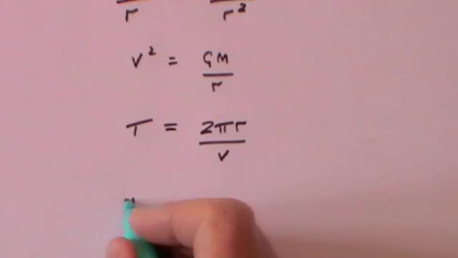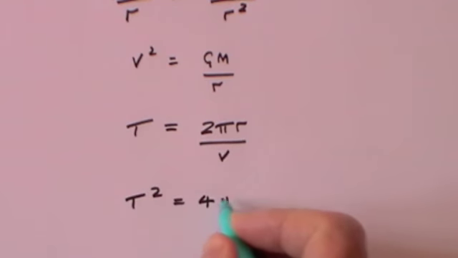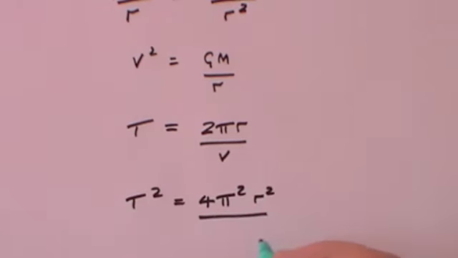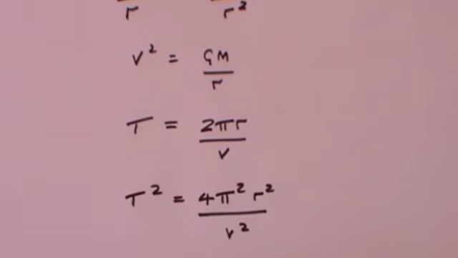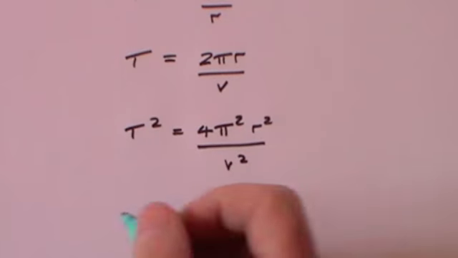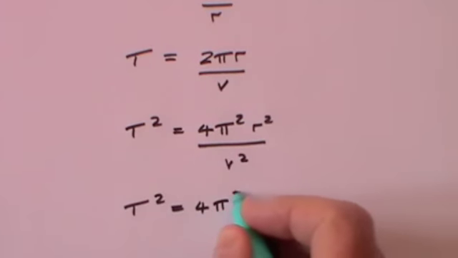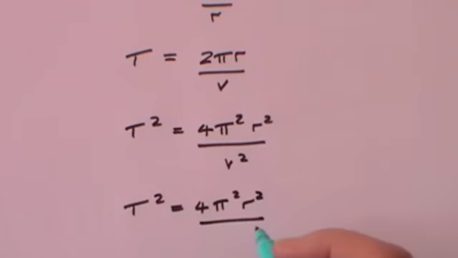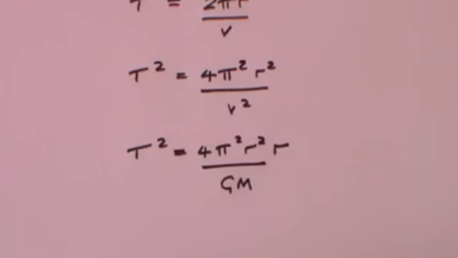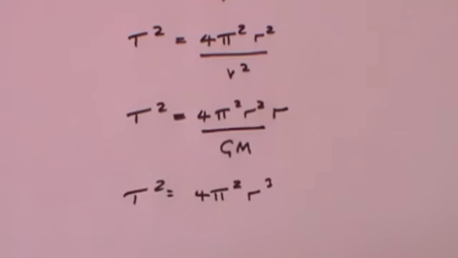Square that, and you get T squared equals 4 pi squared r squared over v squared. But v squared we've already calculated is GM over r, so now we can substitute that. We get T squared is equal to 4 pi squared r squared divided by v squared, which is GM over r. And consequently T squared is equal to 4 pi squared r cubed divided by GM.